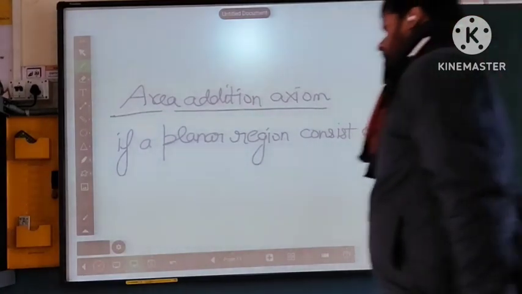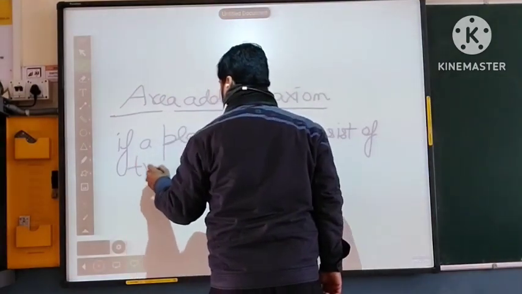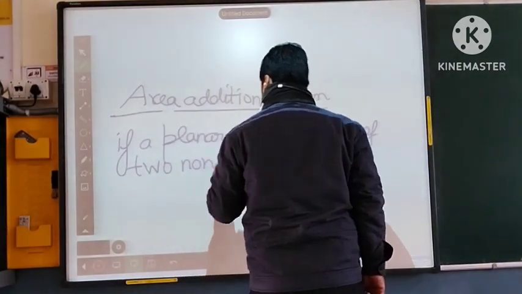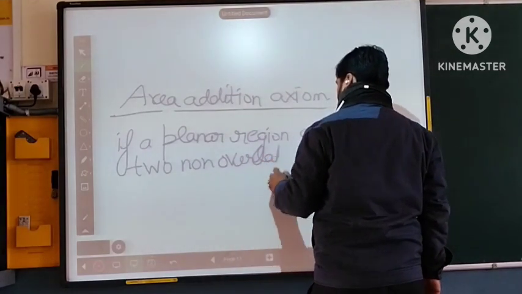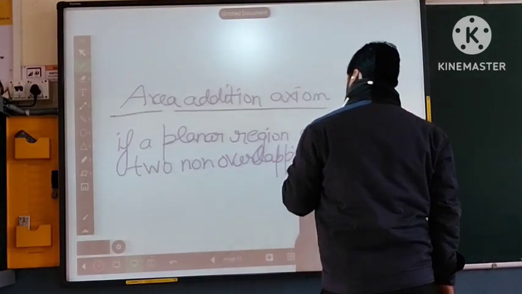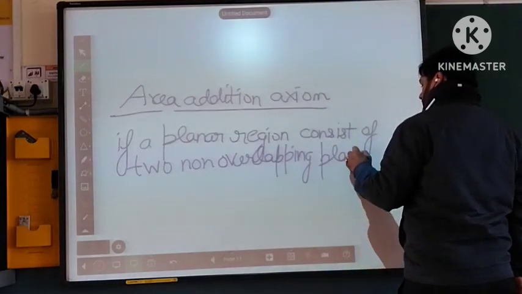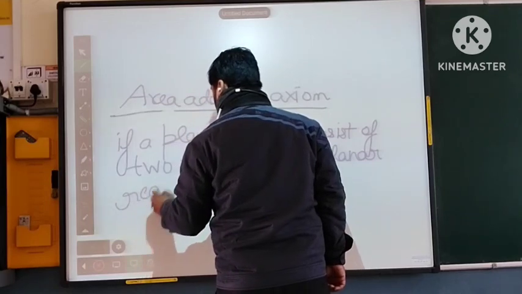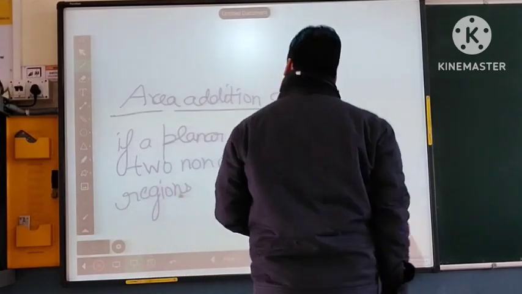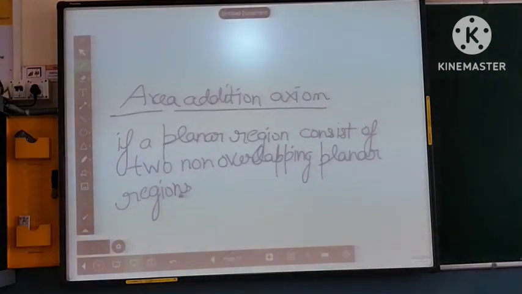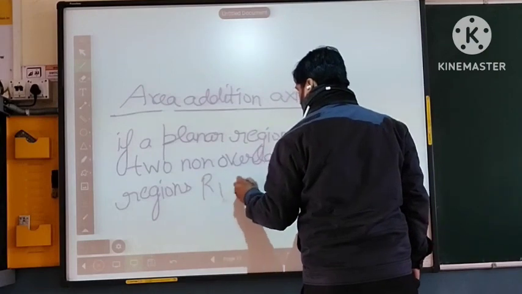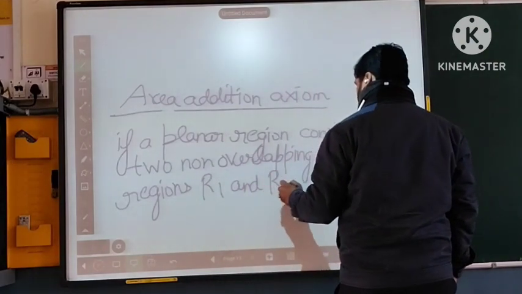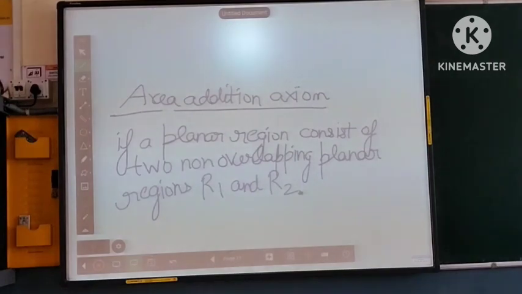if a planar region consists of two non-overlapping planar regions, this non-overlapping part is very important. Then the non-overlapping regions are R1 and R2.